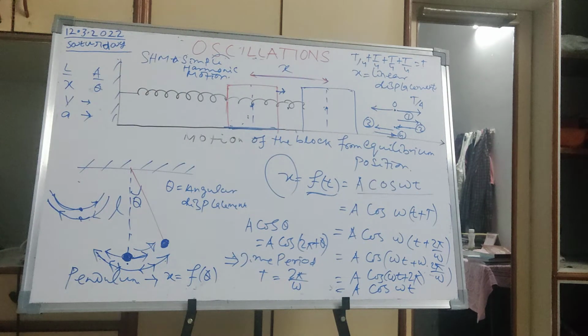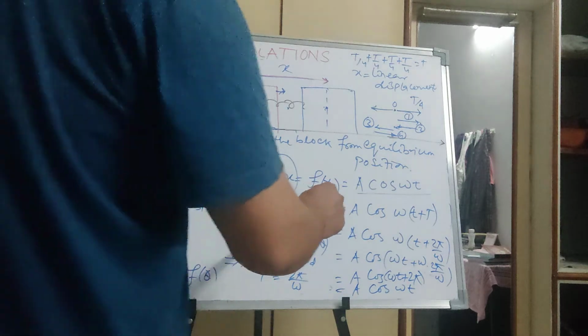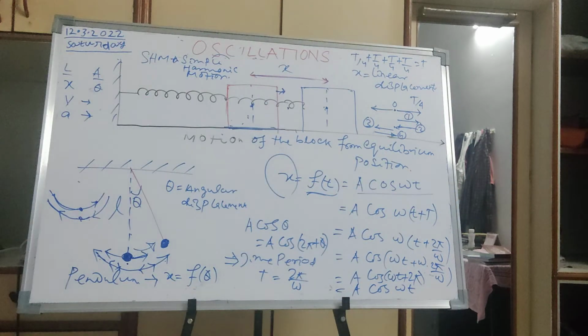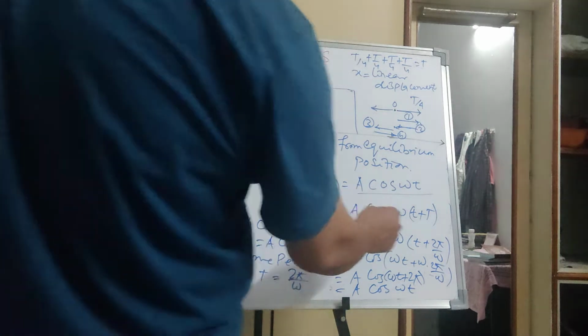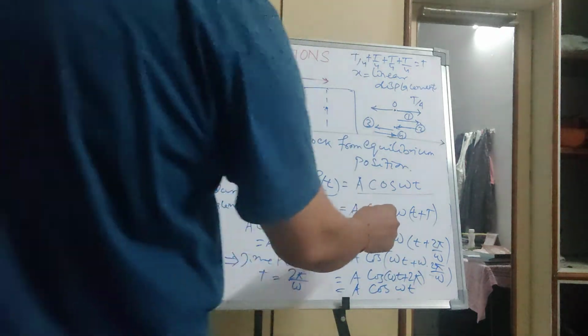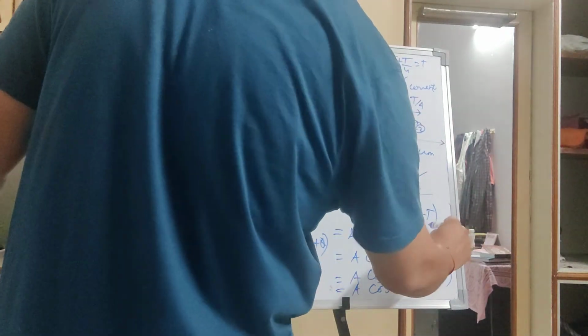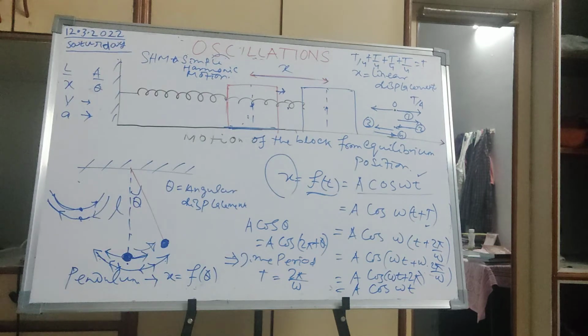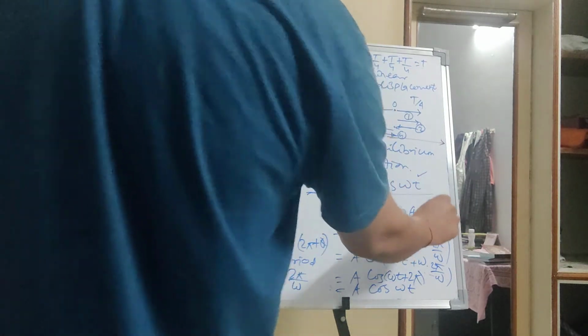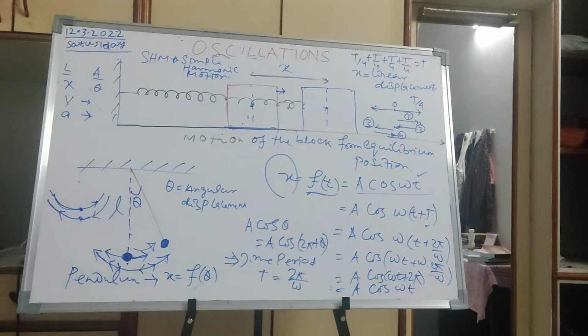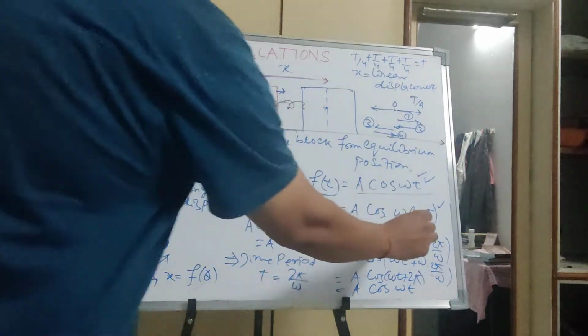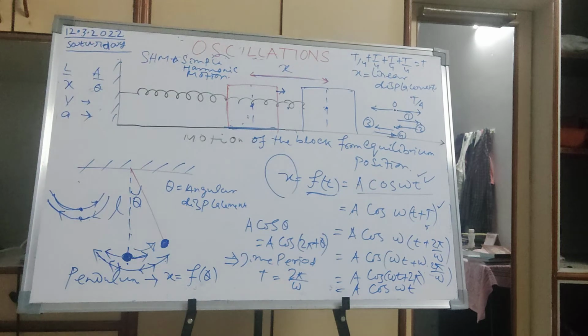Now how will we prove that after time period T this repeats itself? How will we prove that it is periodic? So A cos omega t: this term should be equal to this term, where I have added another capital T along with this small t. If this term is equal to this term, that means after time period T it repeats itself.